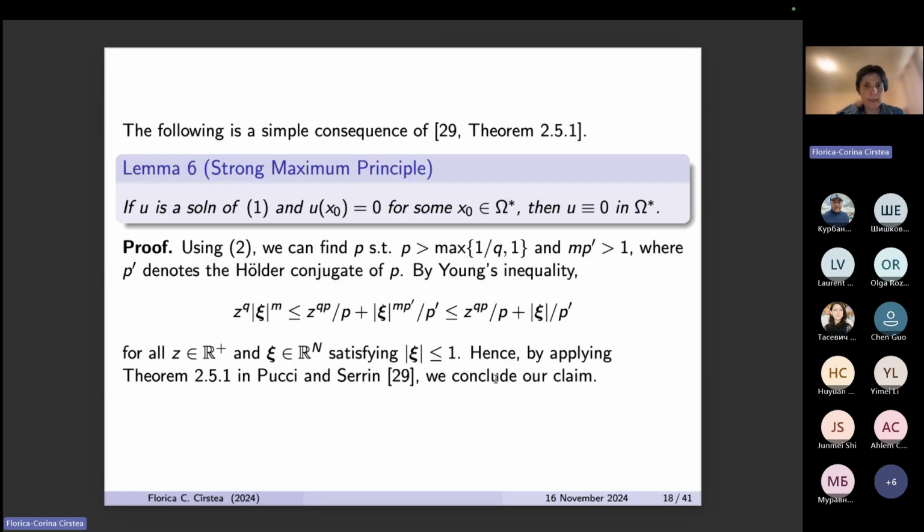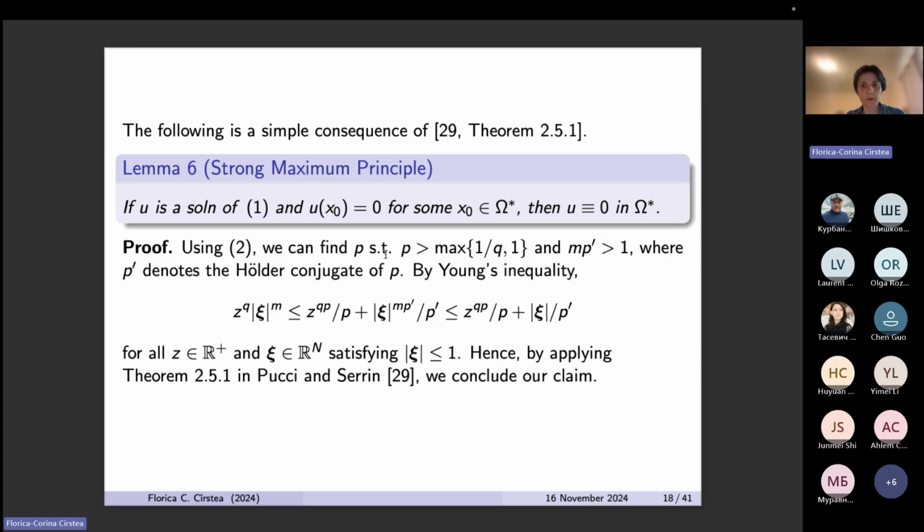Now, I mentioned quickly that the strong maximum principle holds, in the sense that if you have a non-negative solution that vanishes at some point in the domain omega minus 0, then the solution has to be identically 0 in omega. Here you simply apply Young's inequality on the right-hand side. You take p greater than the maximum of 1 over q and 1, and mp' greater than 1.